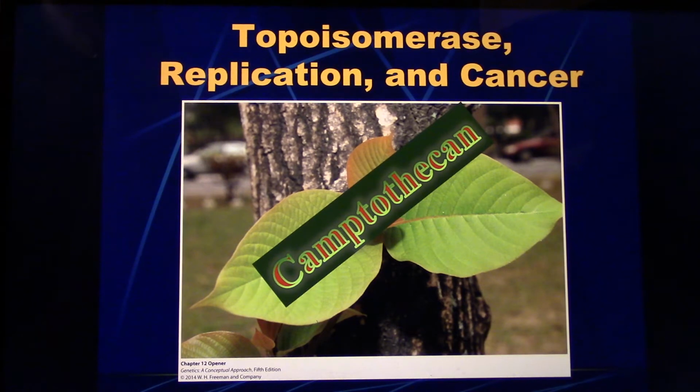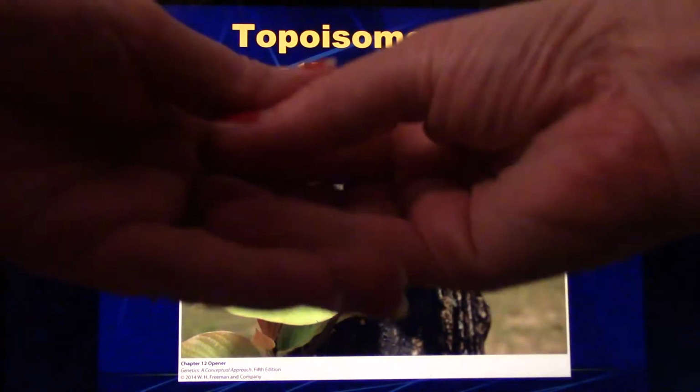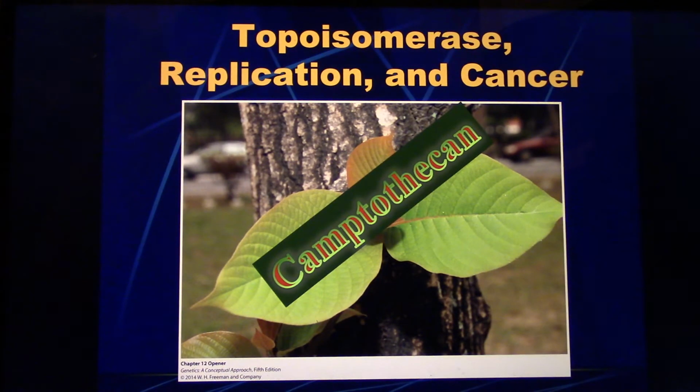And so the way to release that stress is for topoisomerase to chop both strands of DNA, unwind the DNA to release that torsional stress, and then boop, put it back together. So that's what topoisomerase does. It relieves the torsional stress in DNA replication.